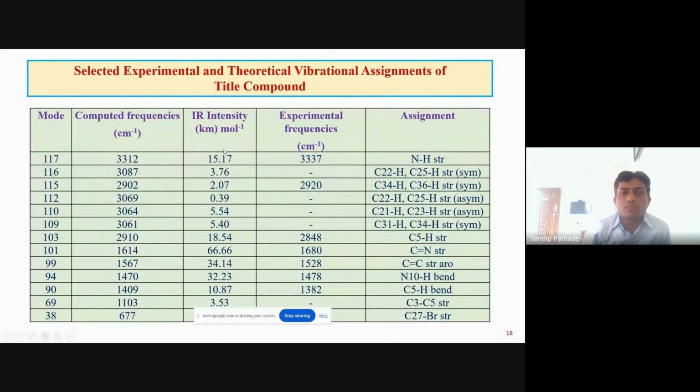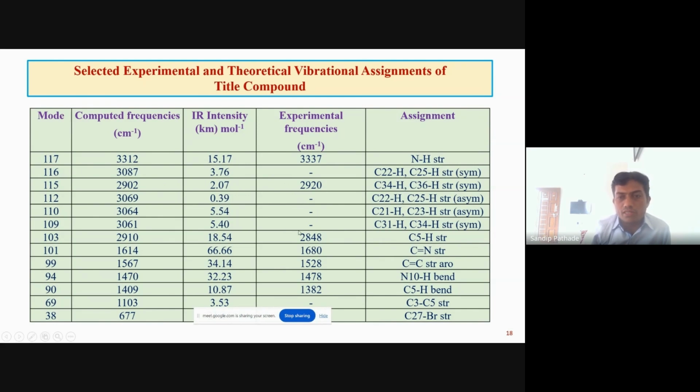We carry out a comparison between the selected experimental and theoretical vibrational assignments, and it is observed that the experimental peak at 3337, which is due to the N-H stretching frequency, matches well with the computed spectrum at 3312 centimeter inverse. Also, the aromatic C-H stretching frequency experimentally appears at 2920 centimeter inverse, while computationally it is observed at 2902 centimeter inverse.